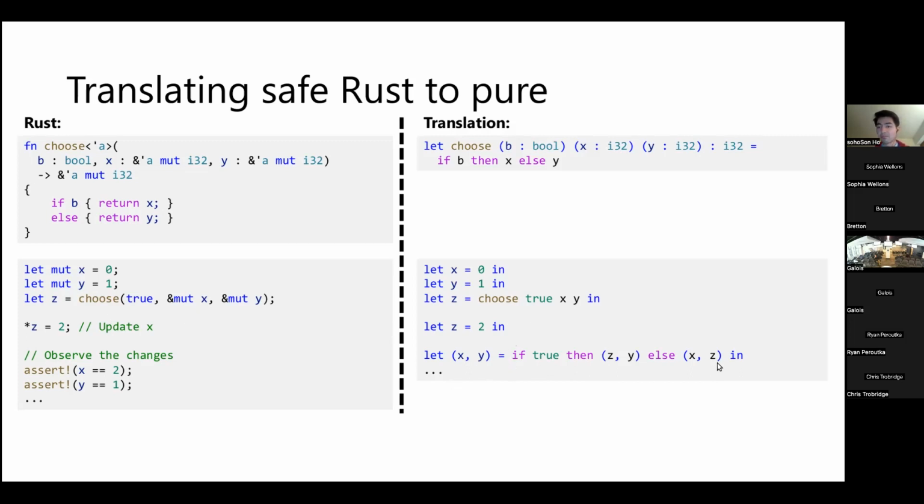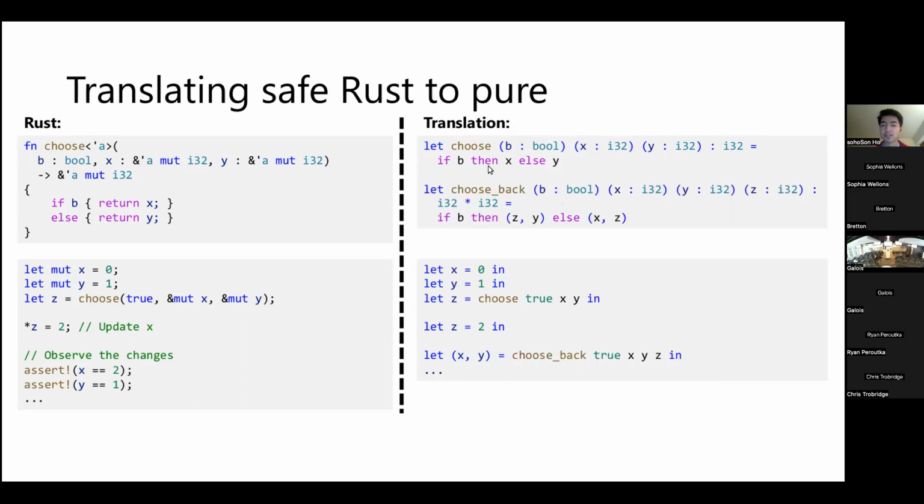Now we can take this piece of code here and move it into an auxiliary function that we call choose_back, for backward. And we get the result of the translation. That is, at call site, we use what we call a forward function, which computes the output Z from the inputs.